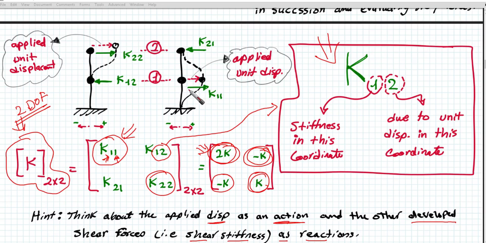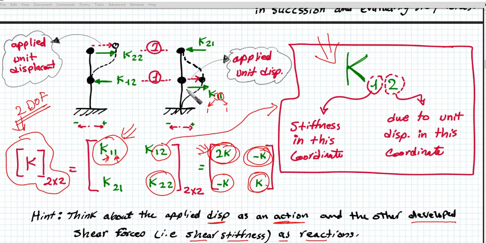We are going to call that K11. The force that is going to be developed in the direction of the applied displacement at the same coordinate is going to be K11. It means the stiffness in coordinate 1 due to displacement in coordinate 1. And this is the right thing.